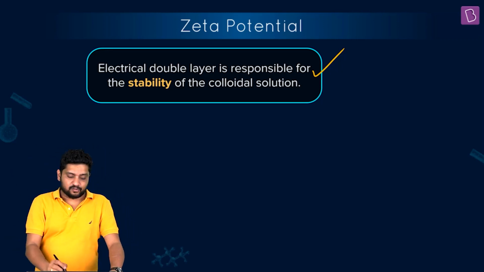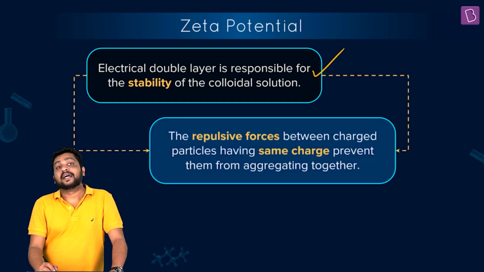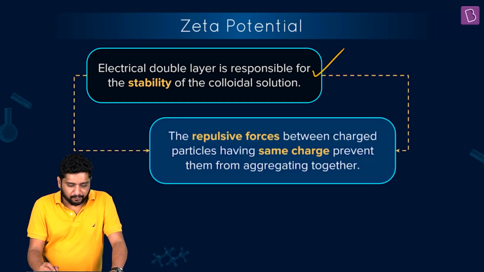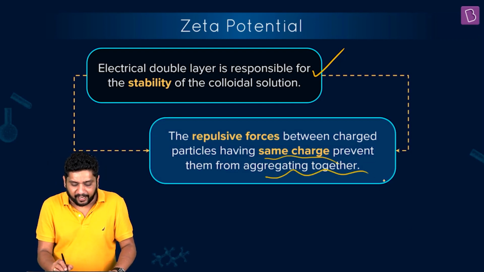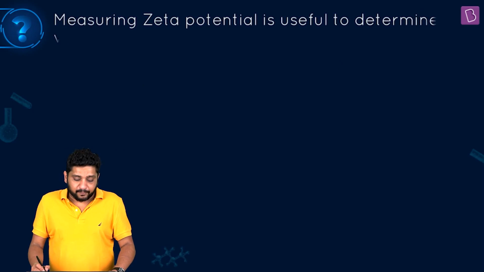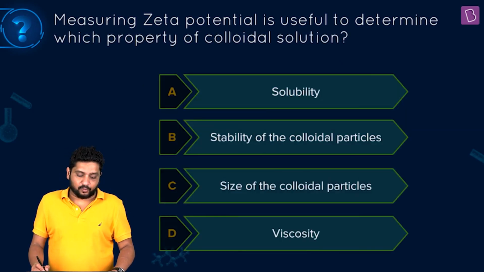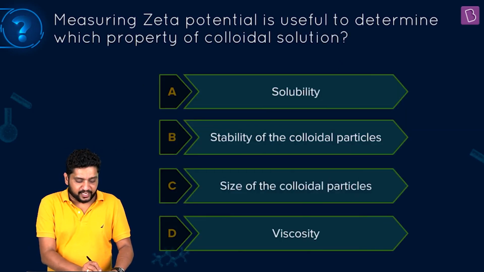This is what leads to stabilization in your colloid, right? So the repulsive forces between the charged particles having the same charge prevent them from aggregating and coagulating or settling down.